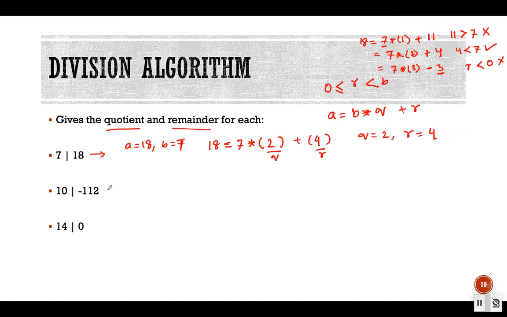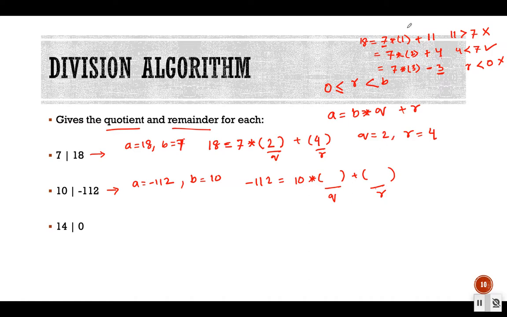So let's find out this one. Here a equals minus 112 and b equals 10. So I have to represent it as 10 times some number plus some number. That would be my q and that would be my r.